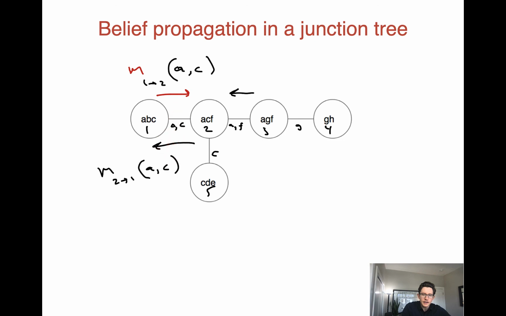By the way, extra benefit is we can get probabilities not for single variables, but for any set of variables that share a node in the junction tree. Okay, so that's our junction tree algorithm.